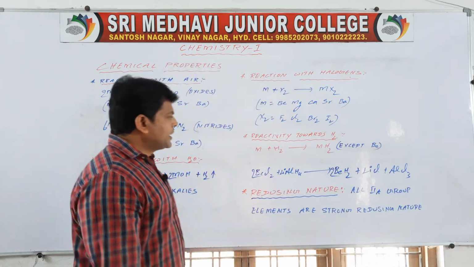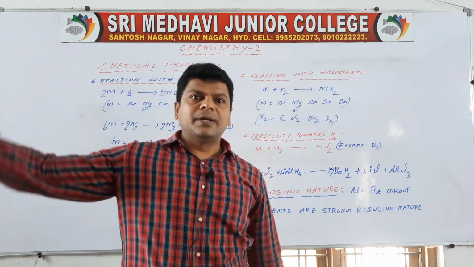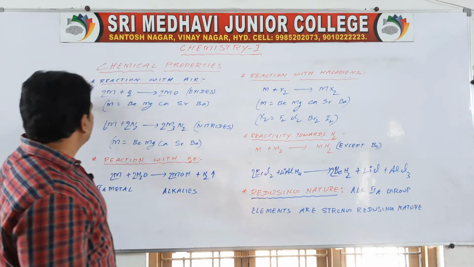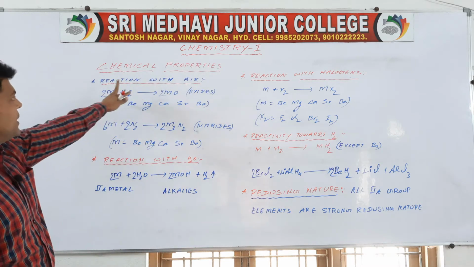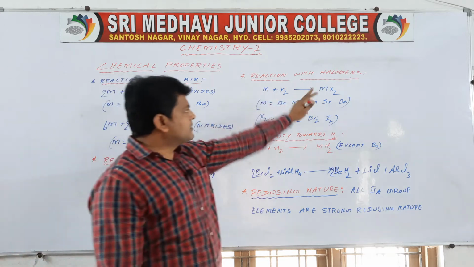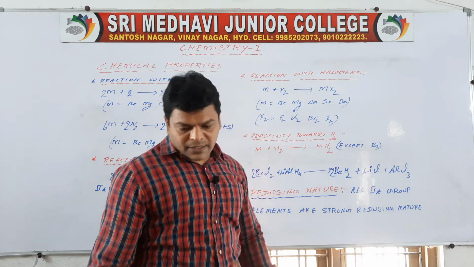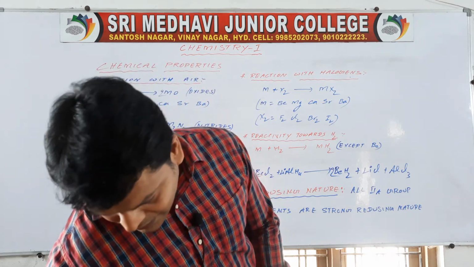So reducing nature decreases and oxidizing nature increases. So this is chemical properties: reaction with air, reaction with H2O, reaction with halogens, reactivity towards hydrogen and reducing nature.